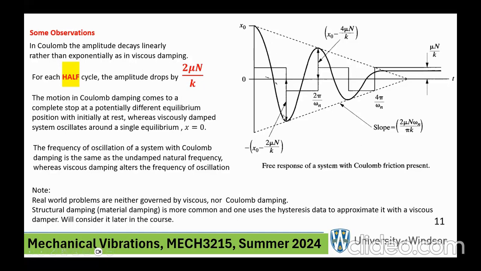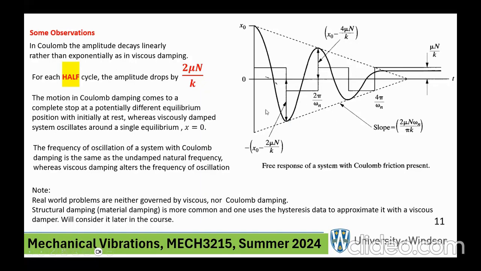For example, in this half cycle, the amplitude went from that guy, x naught, to x naught minus 2 mu N over k. You go from this to the next half cycle, once again, that is reduced by another 2 mu N over k. That's why it looks like that. So for each half cycle, the amplitude drops by that much, and because of this decay is linear.